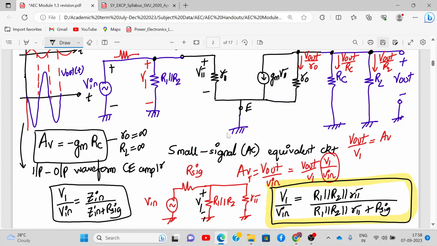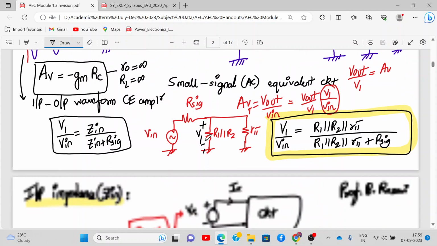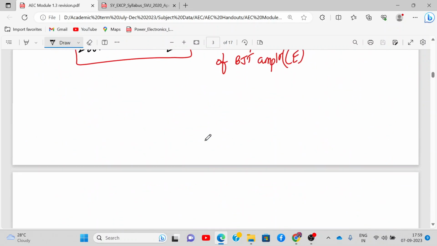That's how we will find that. All right, everyone, can we move on now with the numerical part? You have understood how to derive and everything else. Okay, fine. So let's move on to the numerical now.